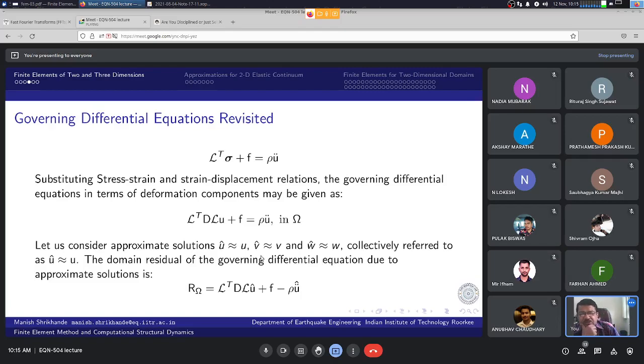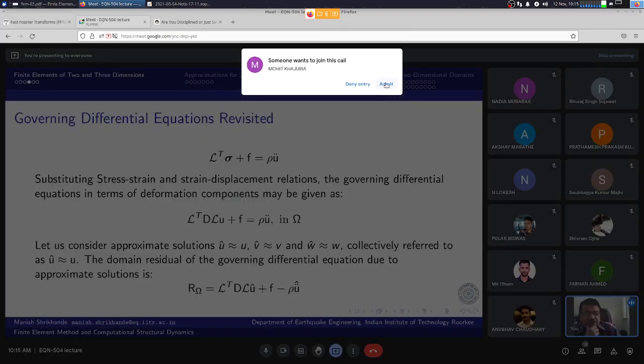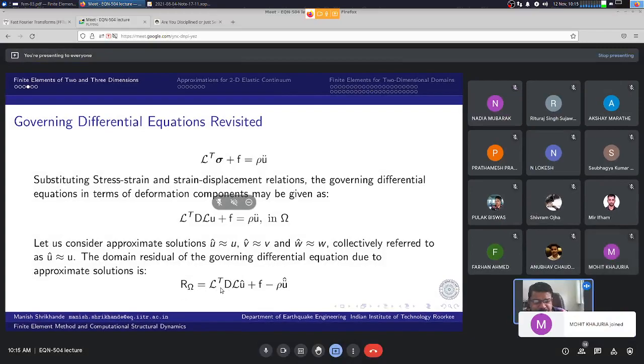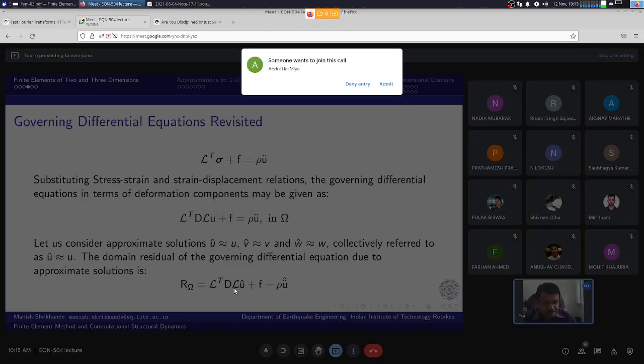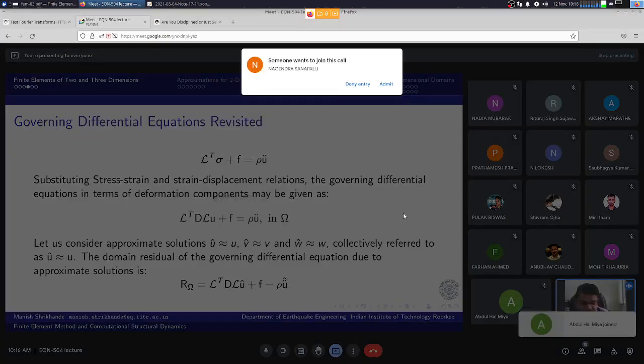Right? So eventually, once we admit these approximations and substitute in this differential equation, we are going to have this domain residual. So this is the error that we have, domain residual, and the whole point of approximate solution is to minimize this error in the equilibrium equations or the governing differential equation of the problem.